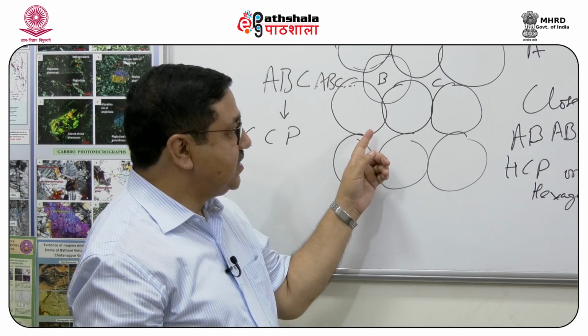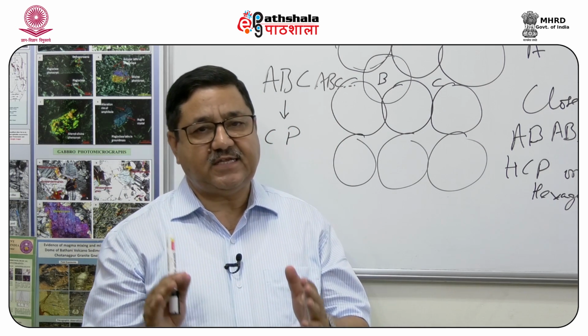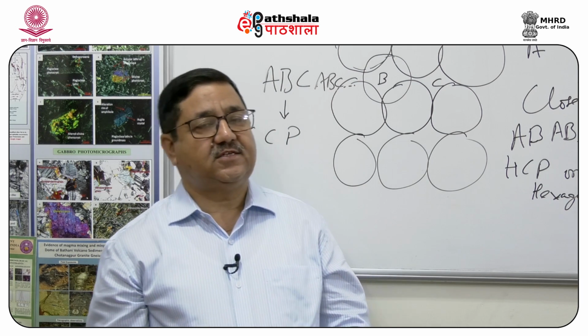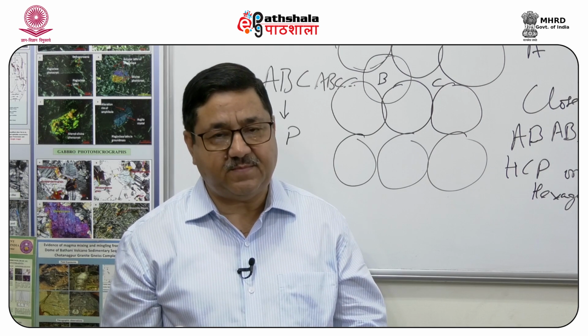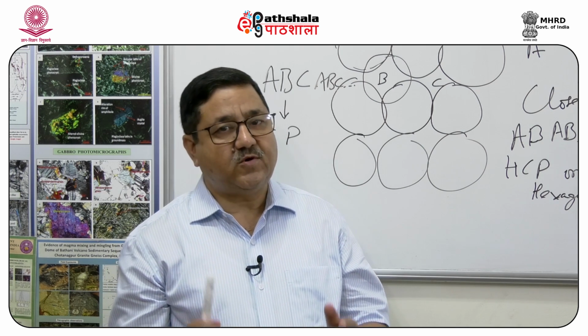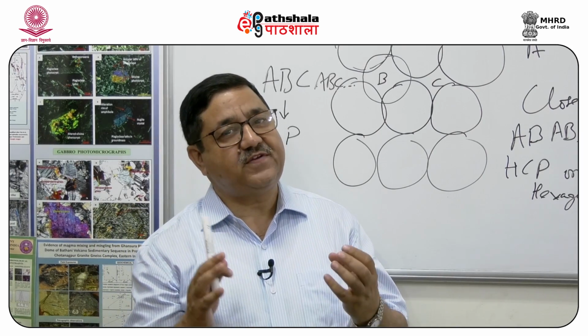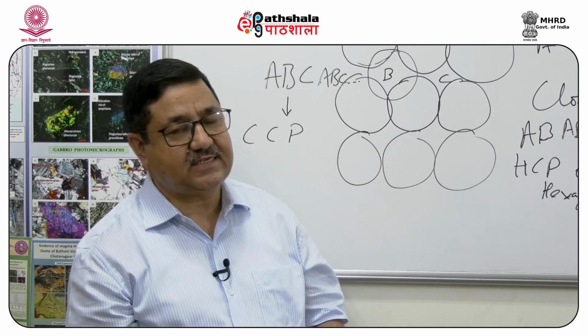So, in both HCP and CCP, each sphere is in 12-fold coordination, but as we can understand, this will not be the case in most of the minerals, because most of the minerals have spheres of different sizes, or the constituent particles represent different sizes.